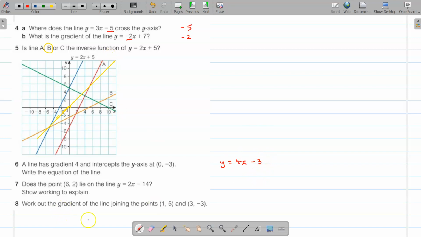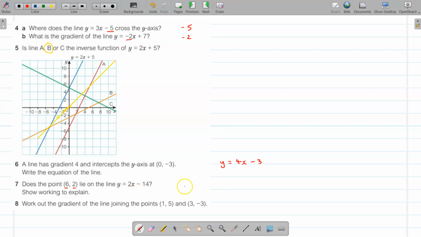Okay, number 7. Does the point 6, 2 lie on the line? This is what you do. Okay, these numbers here are x and y coordinates. So what you do is you take the x coordinate, which is 6, and you put it into this equation and see if it gives you 2 for the y coordinate.